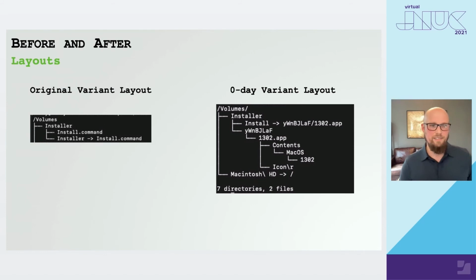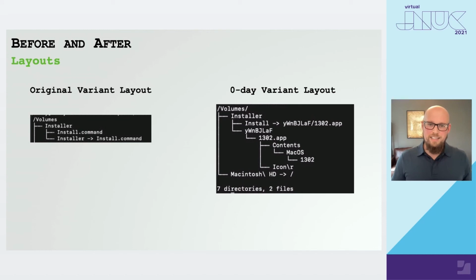So let's take a look inside that. Here we're looking at the directory layout of this malware. On the left side, we have something called installer that is basically a soft link to something else called install.command. .command will be a bash script of some type, something that should run in a terminal.